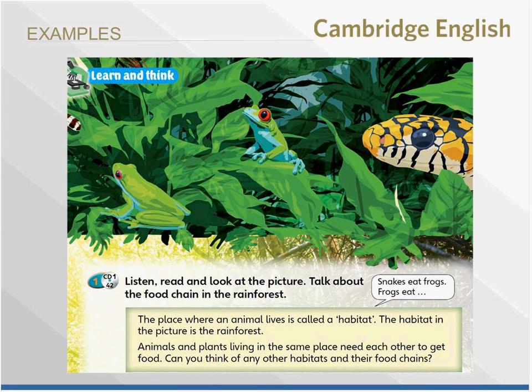They draw card pictures for the food chains and stick the pictures to make a food chain. And then while presenting, they will tell you what habitat it is, what animals live in this habitat, and the food chain they form.